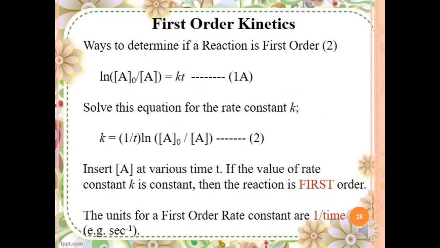So how to determine if a reaction falls under first order kinetic? Similar to what we did for zero order, again we write the equation of 1a first and then solve this so that we get k, meaning we bring t over here, so we get 1 over t times ln A naught divided by A. We insert the concentration at various time t.